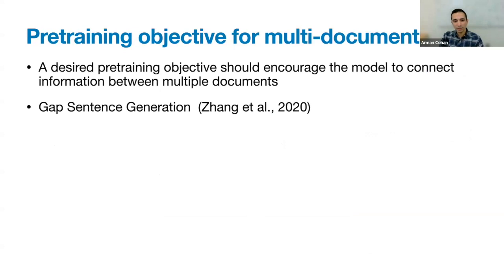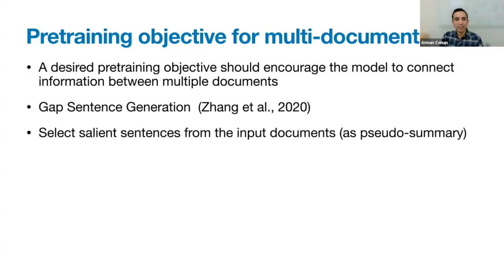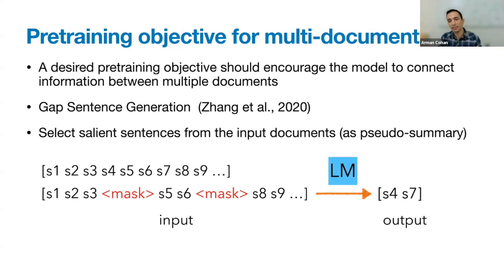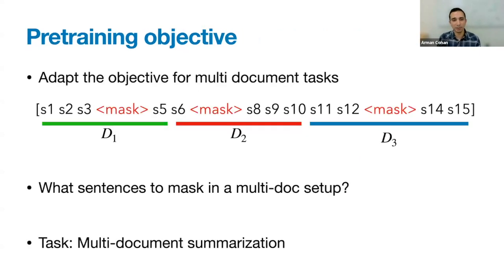In fact, this was also explored in the single document setting, where you could use objectives like gap sentence prediction, where you select salient sentences from an input document and call them pseudo summaries. And then you ask the model to generate those instead of, for example, doing next word prediction. It looks like this. You mask some of these important sentences and you ask the language model to generate those in the output. This is known as gap sentence prediction.